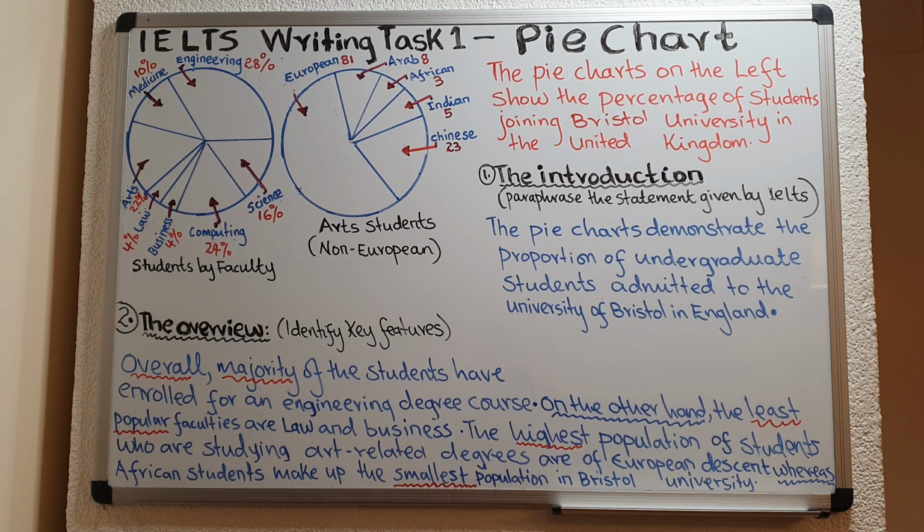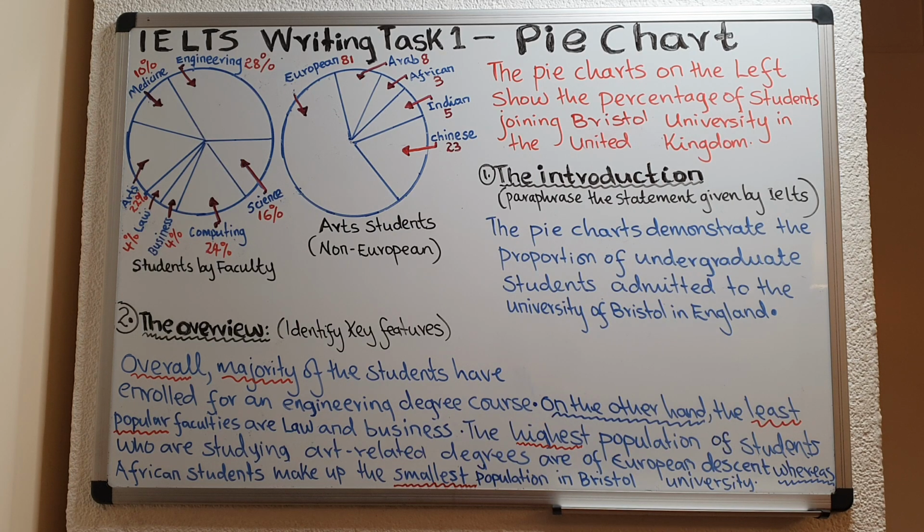Then after that, I have dealt with the highest and the lowest key features for pie chart 1. And now I'll move on to pie chart 2, and I will write about the highest and the lowest key feature. Remember, for the second pie chart, we saw the highest key feature is that we have 81 students who are European, who are studying arts.